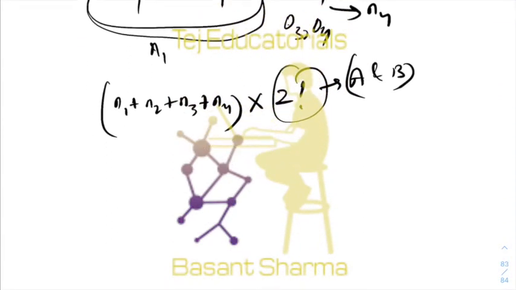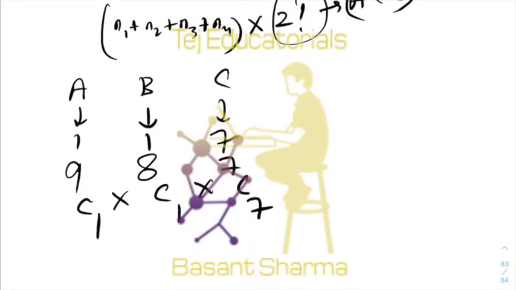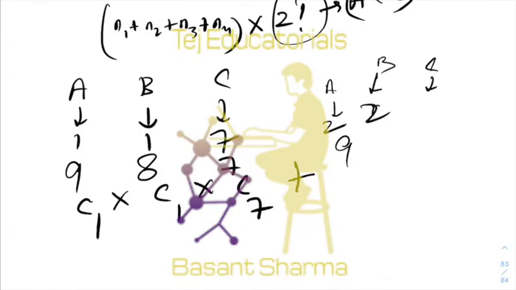Another way to think about this is, you have to give one object to A, one object to B, and C will get 7. So what you can do is, out of 9 objects, select one that you want to give to A, then out of the remaining 8, give one to B, and then the remaining 7 give to C. Then the second way is, A gets 2 objects, B gets 2 objects, and C gets 5 objects.